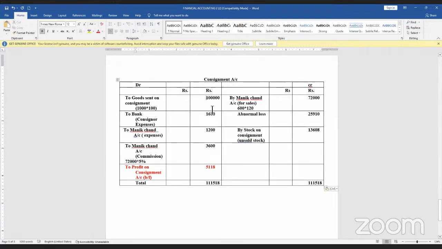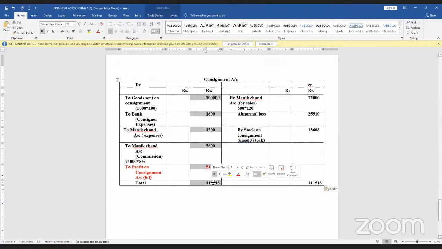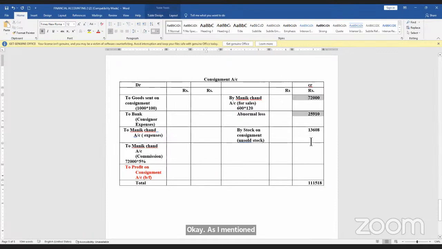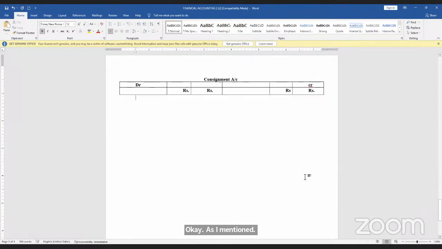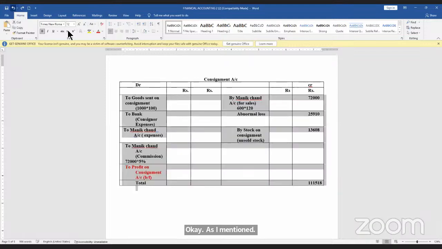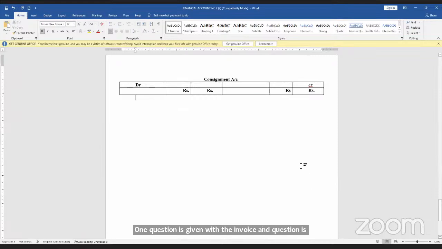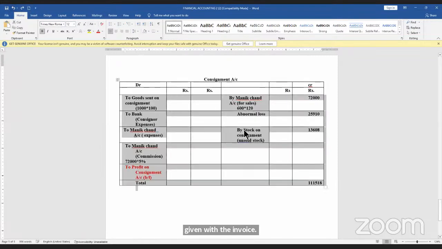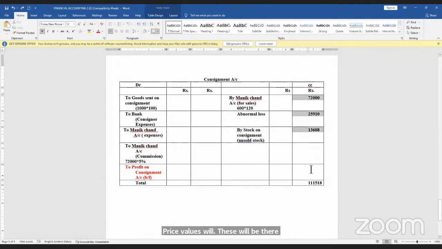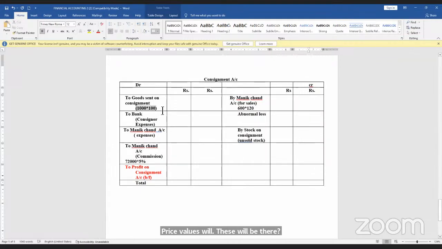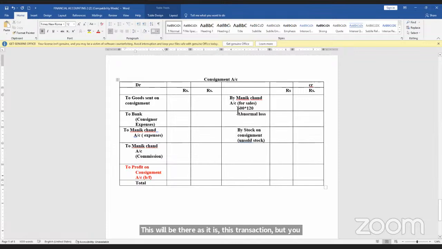As I mentioned, when the question is given with the invoice price, values will change. These will be there as they are, these transactions, but you are supposed to know that some additional transactions will come here.